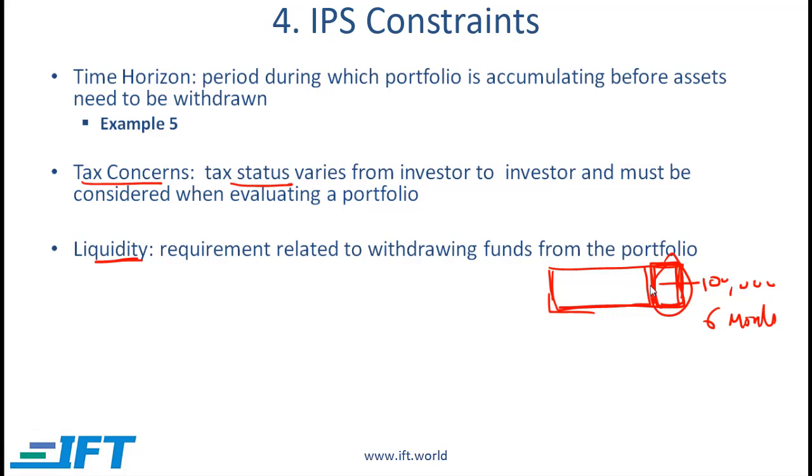But this 100,000 should be in relatively safe liquid investments because you know you have a specific liability or a specific bill to pay after 6 months. Clearly, the liquidity requirements need to be specified because they will drive the composition of the overall portfolio.